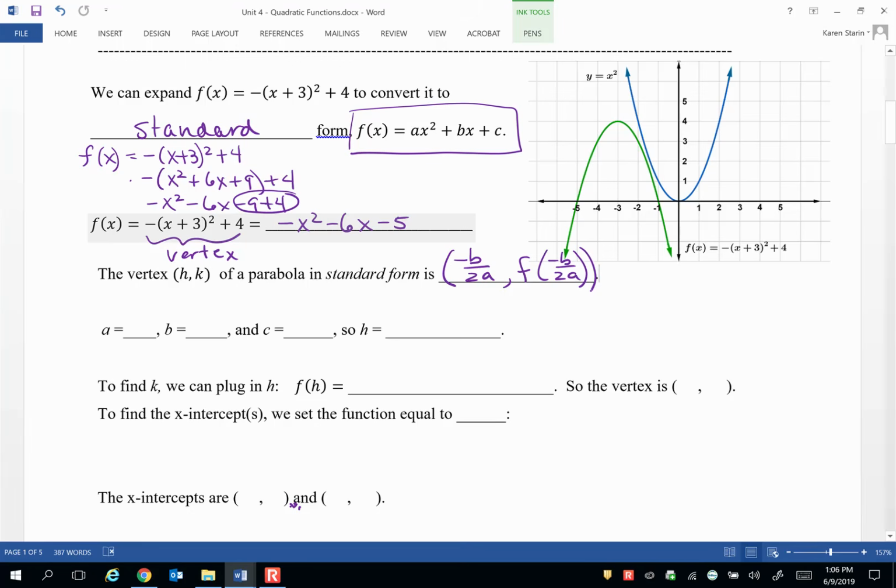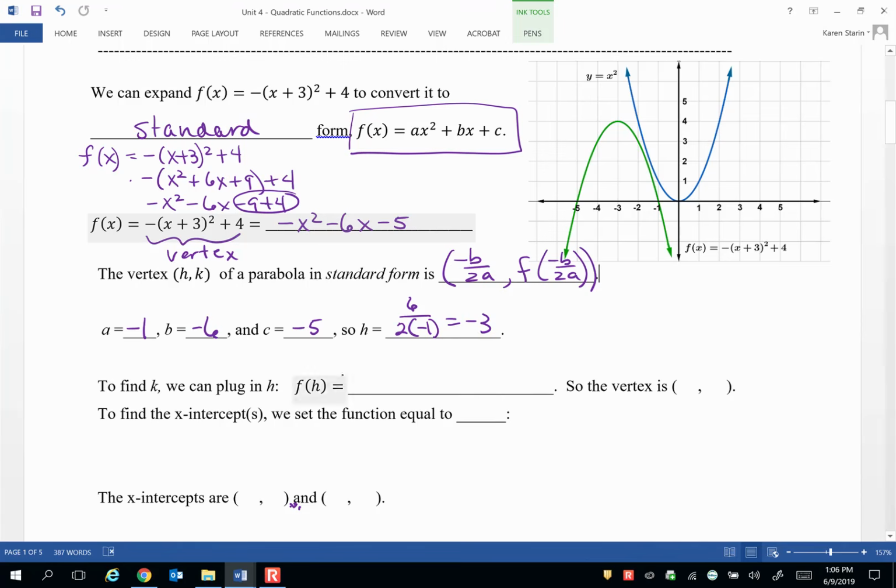So a in the standard form we just created is negative 1, b is negative 6, and c is negative 5. So the x coordinate of the vertex would be h equals, well, the opposite of negative 6 is positive 6. And then we have 2 times a, which is negative 1. So 6 divided by negative 2 is negative 3, just like it was in its vertex form.